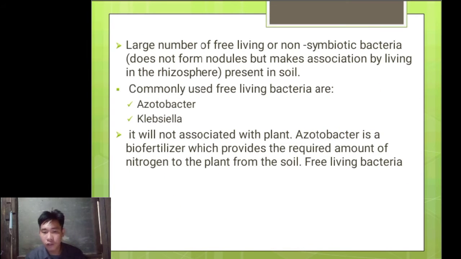A large number of free-living or non-symbiotic bacteria do not form nodules but make an association by living in the rhizosphere, present in soil. Commonly used free-living bacteria are Azotobacter and Klebsiella. They are not associated with the plant. Azotobacter is a biofertilizer which provides the required amount of nitrogen to the plant from the soil.